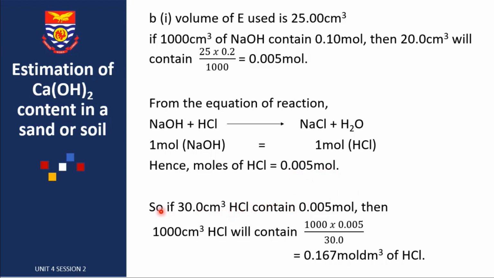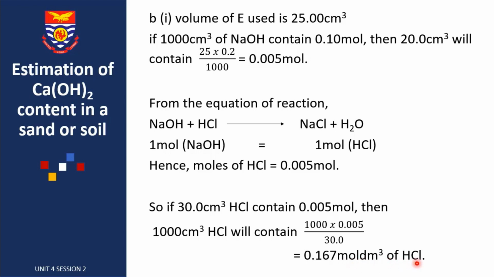But we need to find the amount concentration in 1000 cubic centimeters or in dm cube. So we come again and interpret. In other words, this 0.005 is per 30 cubic centimeters. So if 30 cubic centimeters of HCl contains 0.005, then 1000 will contain 1000 times 0.005 over 30, and that gives us 0.167 molar or mole per dm cube of the acid.